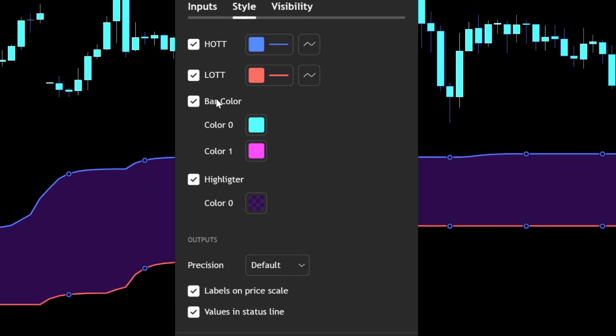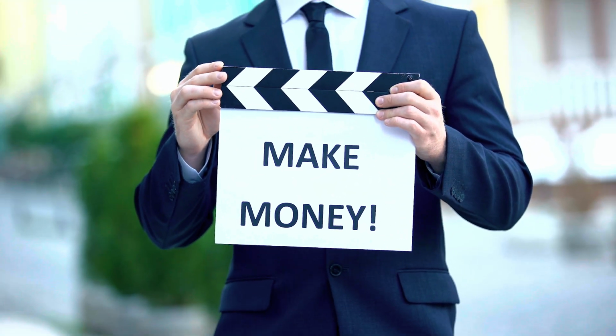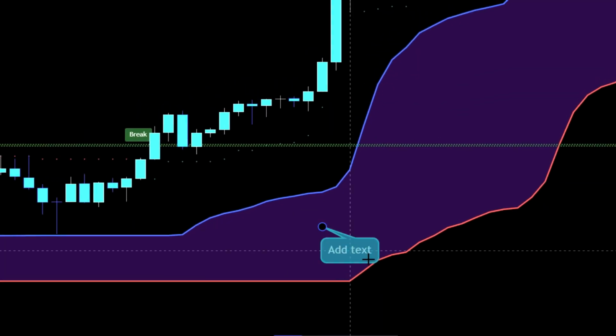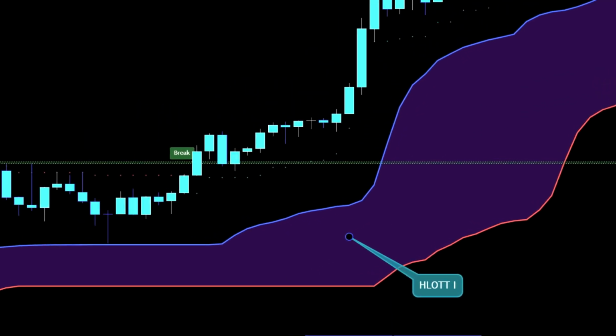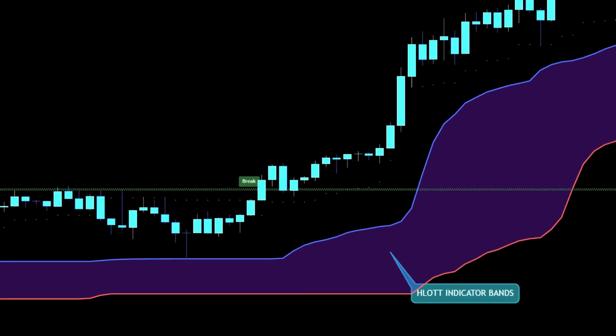Alright, so here's where things get exciting. How do we actually use this to try and make some profitable trades? First things first, we want to identify the overall trend. If you see the price hanging out above the HLOTT indicator, that's our signal that we're likely in an uptrend.